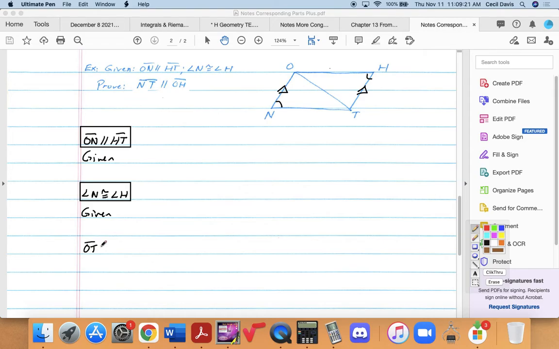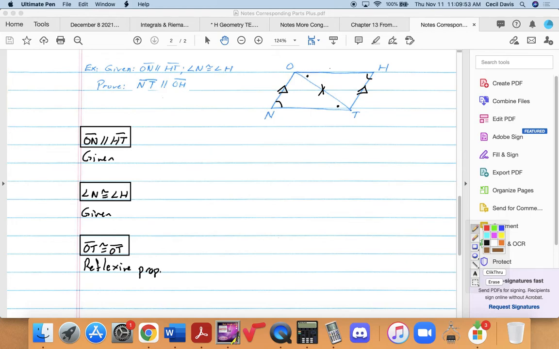We're going to need that sooner or later. So OT is congruent to segment OT by the reflexive property. Angle NTO is congruent to angle HOT?